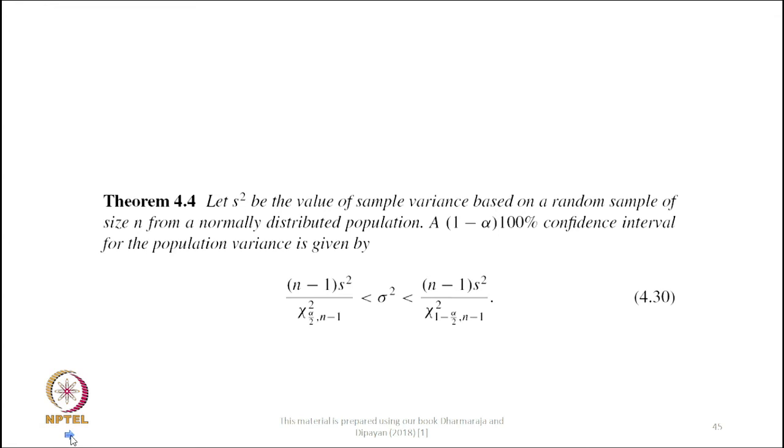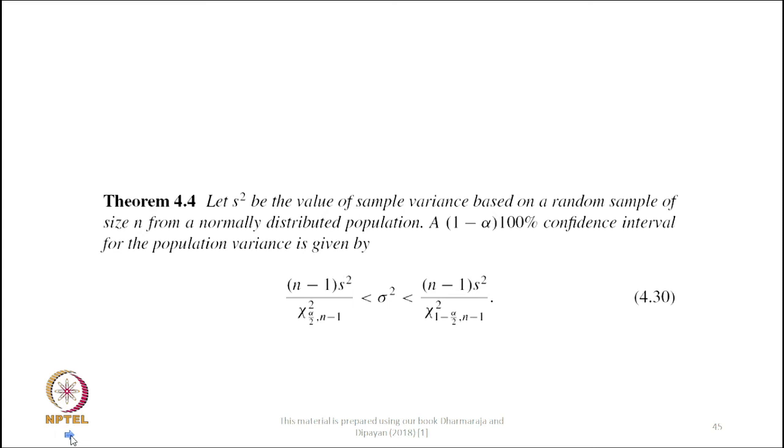The sample variance is going to be the point estimator for the population variance. But with a given 1 minus alpha 100% confidence, you can get the interval estimator for the population variance. The left end is n minus 1 times s square divided by the right tail point for a chi-square distribution with n minus 1 degrees of freedom, denoted by chi-square alpha by 2 comma n minus 1.